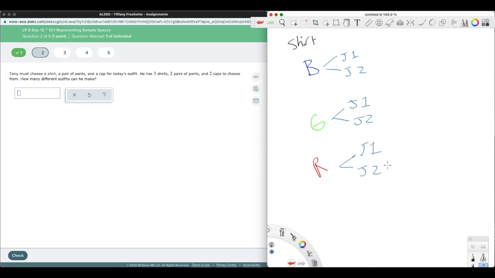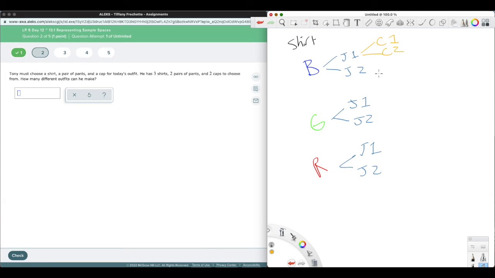All right, so now he's made the choice. I'm going to go with blue shirt and jeans 1. Well, now I have to choose a baseball cap. So I'm going to go with yellow. Why not? So he's got 2 different baseball caps. So I'm going to say cap 1 and cap 2.